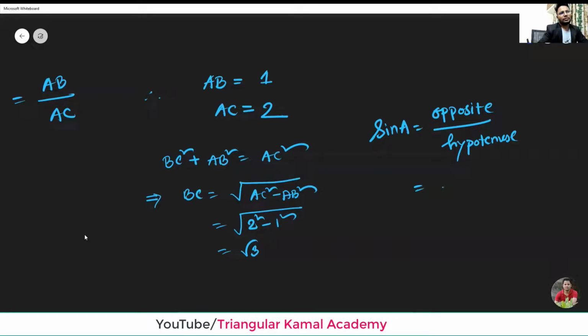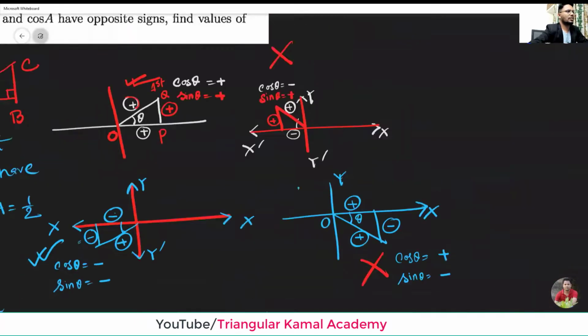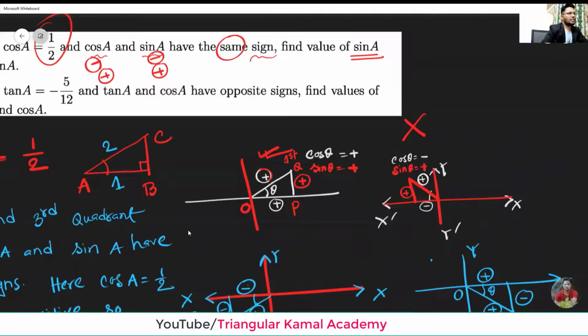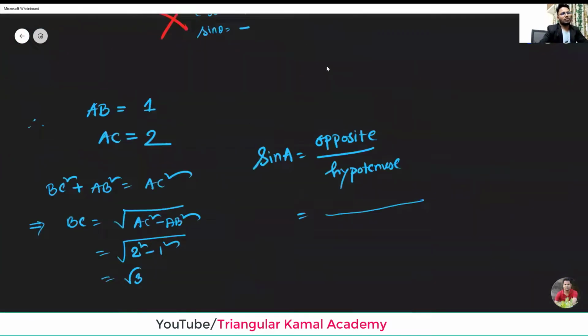Now, from the figure, this is the angle and this is the opposite, which is root over 3. So sin theta is opposite by hypotenuse, root over 3 by 2. This is the answer.